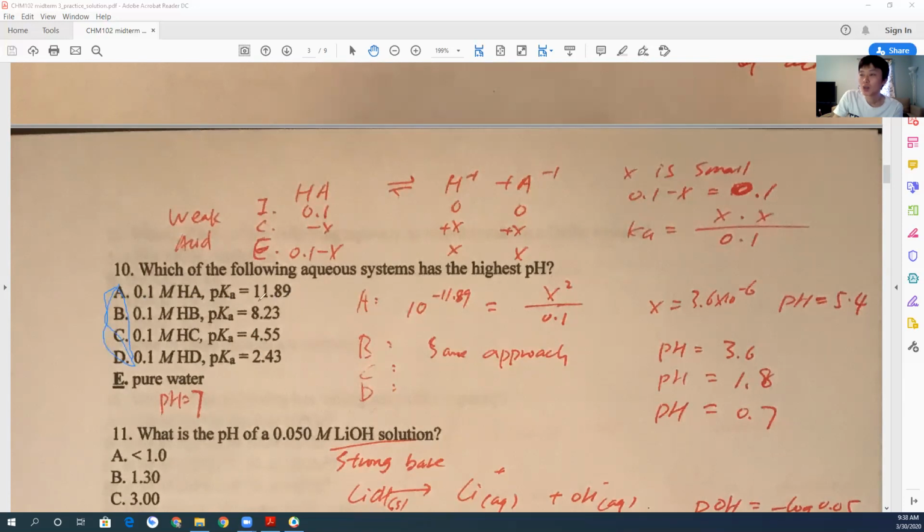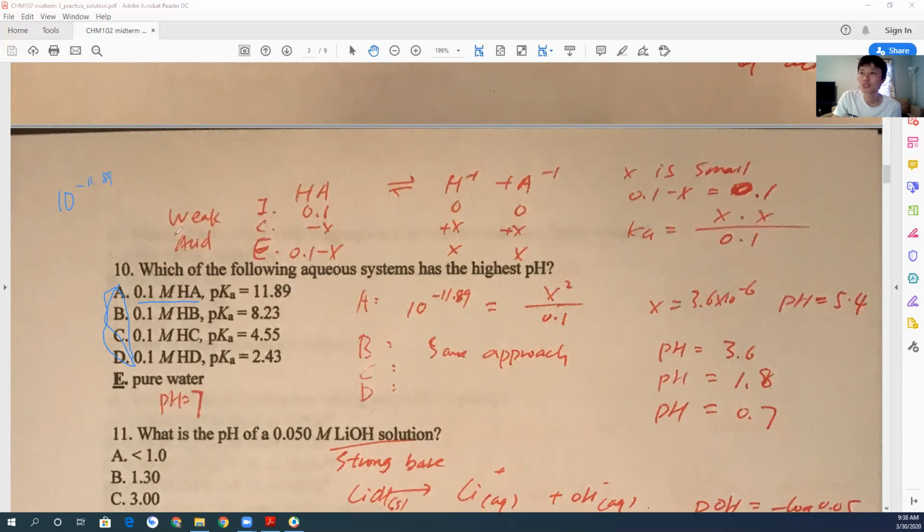If I want to calculate the pH of this 0.1 molar HA solution, I can list the ICE table. This weak acid will only slightly dissociate because of this very high pKa value. That means the Ka value will be 10 to the negative 11.89.